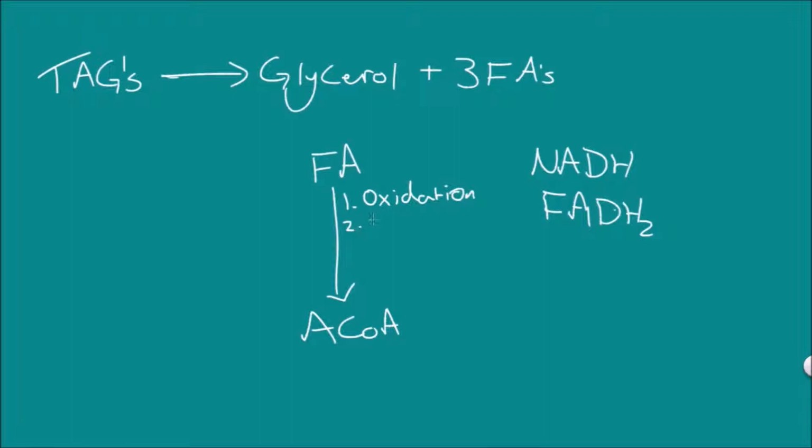Our second step is hydration, and I will give 20 quid to anyone who can guess that. That's a stupid idea. Our third step is oxidation again, so getting a bit of a theme going on here. We've got oxidation, hydration, oxidation, and then our fourth and final step is thiolysis.